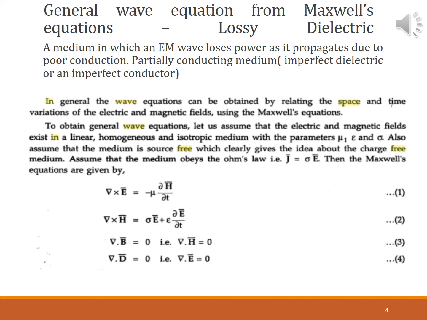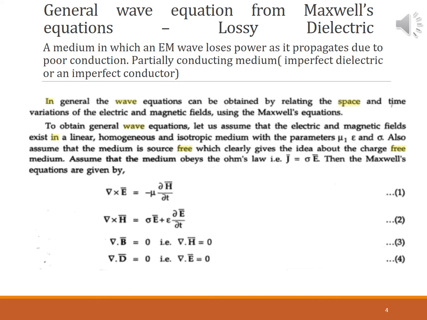When you say the medium is source free, it implies that the medium is charge free, which automatically implies that rho V is equal to 0. This is an important point about a lossy dielectric medium: sigma is not equal to 0, but the medium is source free or charge free, that is, rho V is equal to 0.